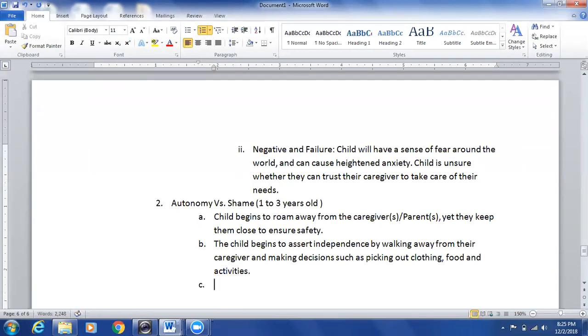So remember, success or positive would be the child gains more confidence in their abilities to choose what is best for them.